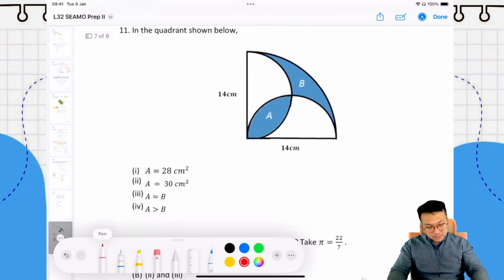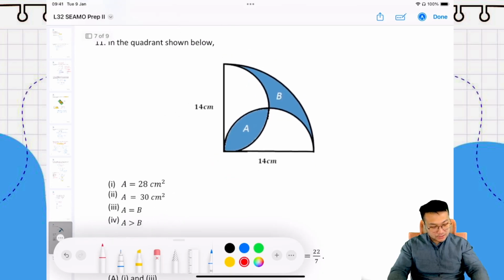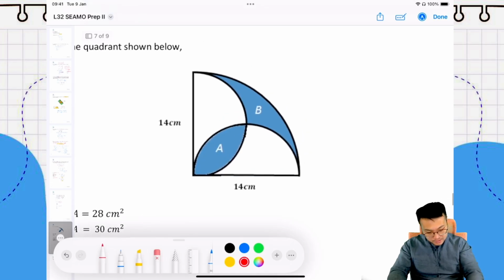So let's try to calculate the area of the shaded region A. If we draw some lines, maybe I just draw this line first. So if I draw this line here, I can see a small quadrant, and if I draw another line here, I see a small triangle.